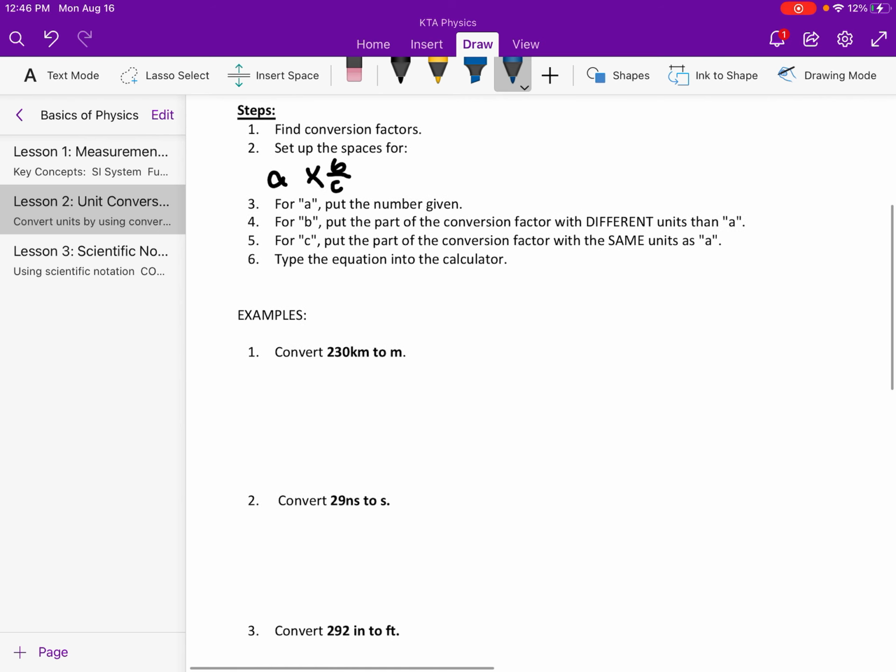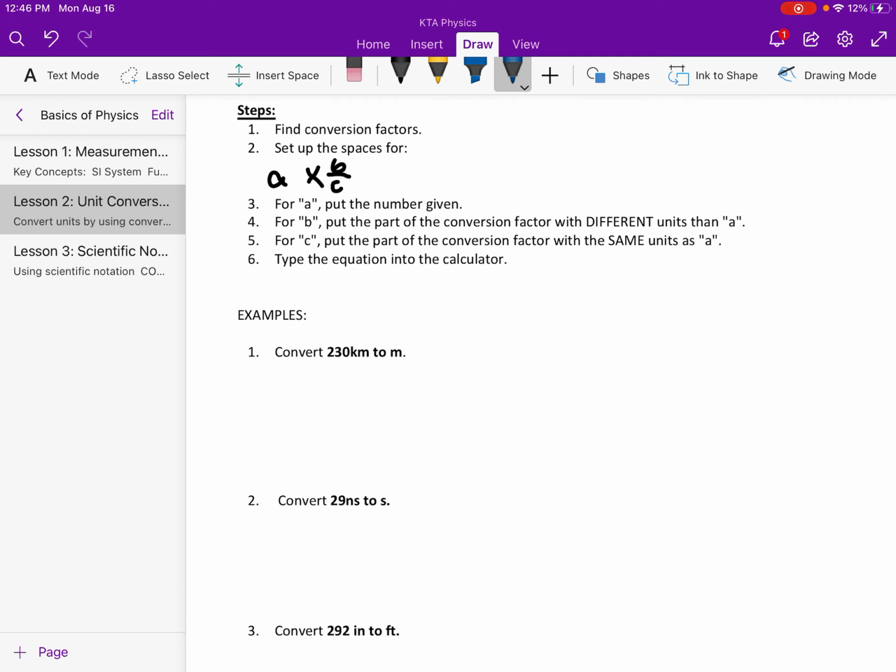So here are the steps. It's just 6 steps. You need to find the conversion factors that you'll need, and set up the spaces for A times B divided by C. I'll explain what that is in a second.